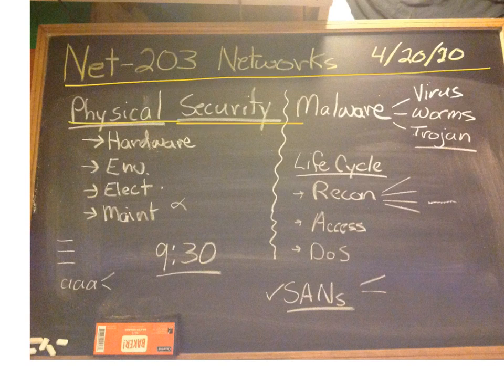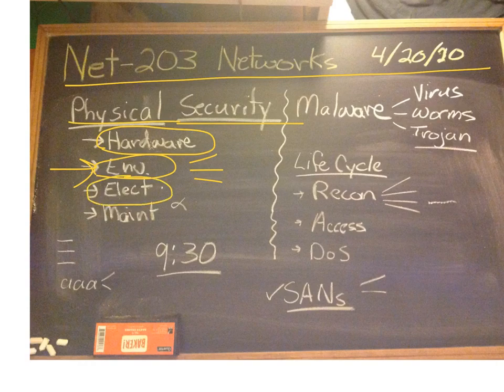Physical security, is the hardware kept in a secure place and environment? That means where the equipment's kept, and then other things you can't control, tornadoes, hurricanes, different types of that. How you supply electricity to the devices. Do you have uninterrupted power supplies and these other things? And then maintenance. Do you manage maintenance well?